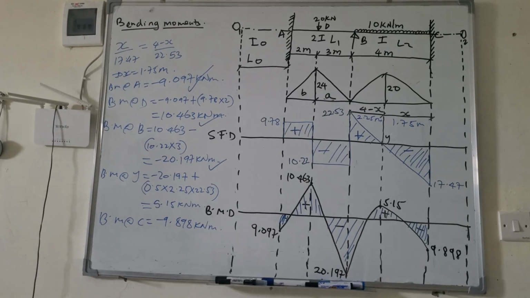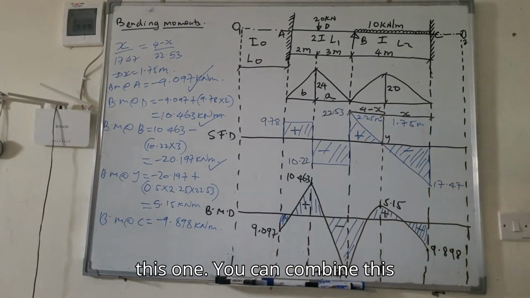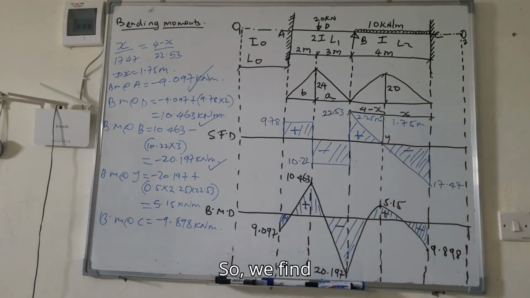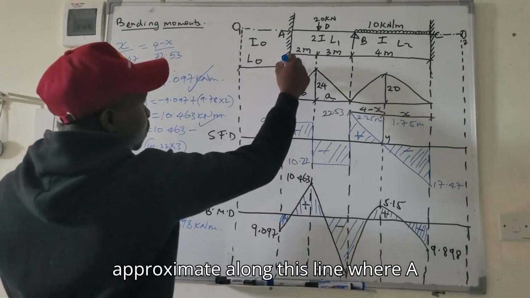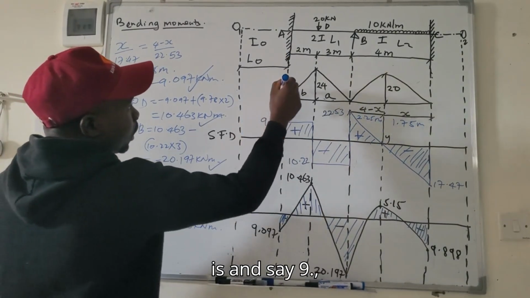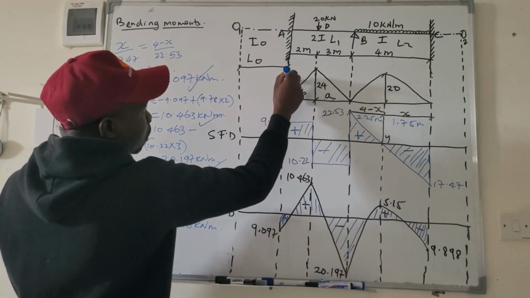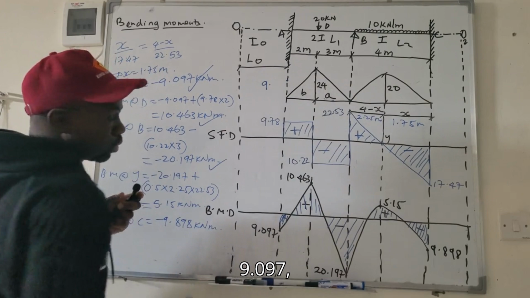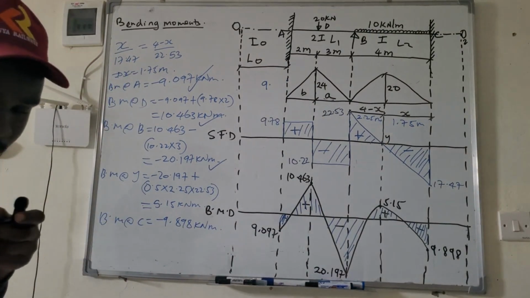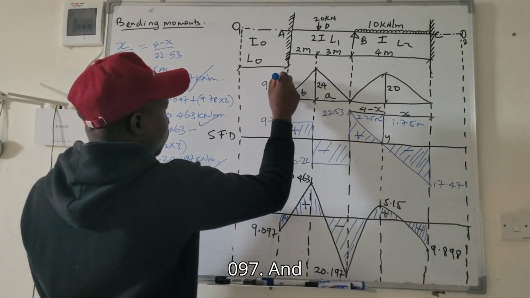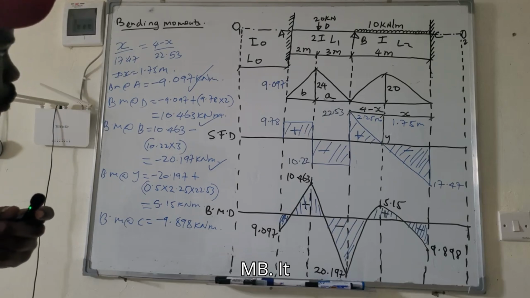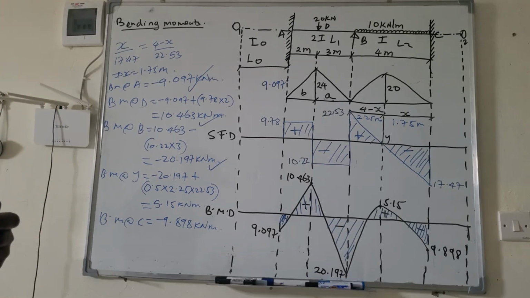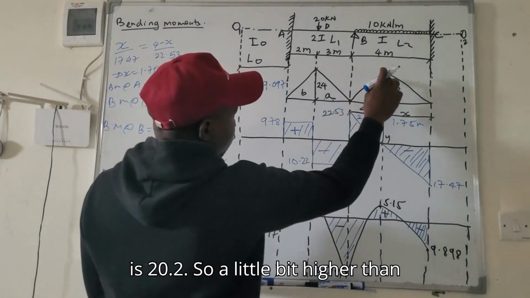Again, we have another version of drawing a bending moment diagram. You can combine this section. So we find MA as 9.097, so you will approximate along this line where A is and say 9. And then we proceed to MB, it is 20.2, a little bit higher than this.